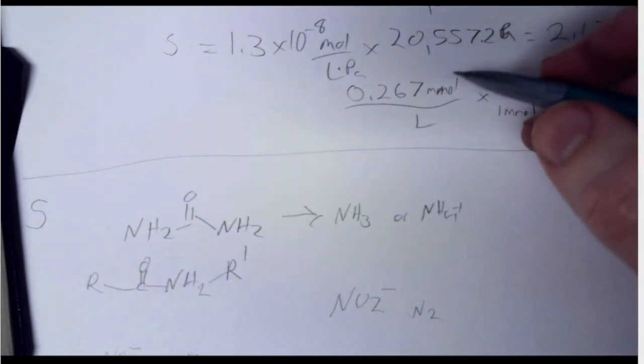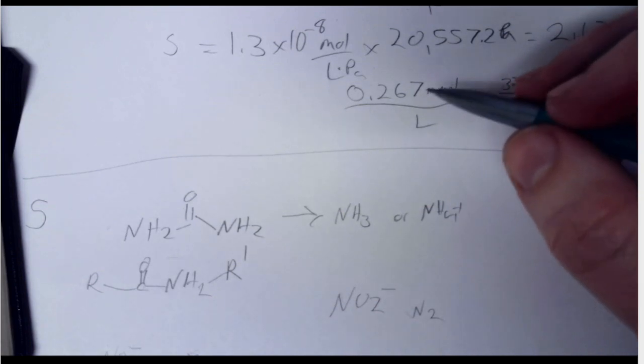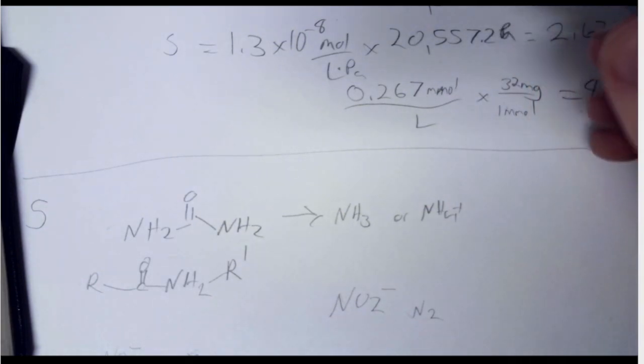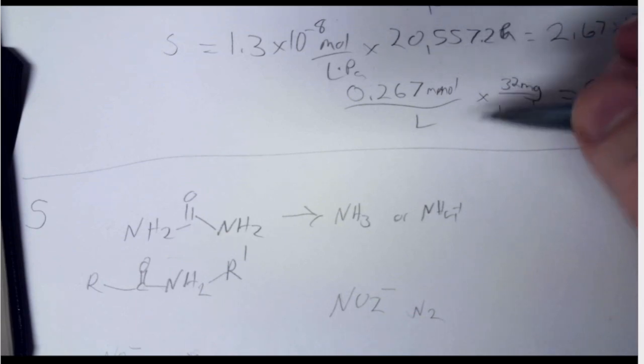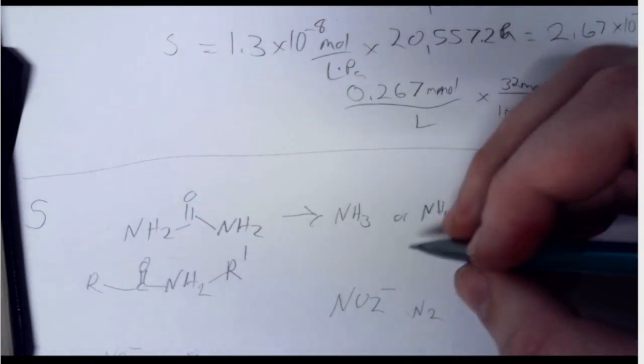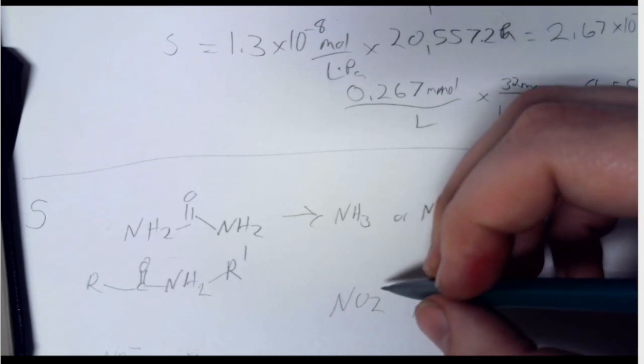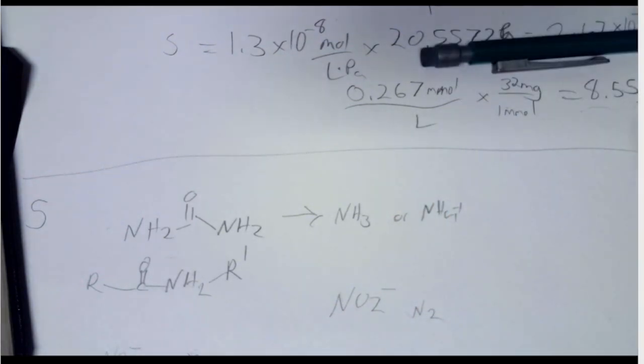So this one's kind of just to consider some of these. There are too many possible sources to really go into in depth. But it's possible to produce nitrogen, NO2 minus, N2O, nitrates. It all depends on oxidizing or reductive conditions.